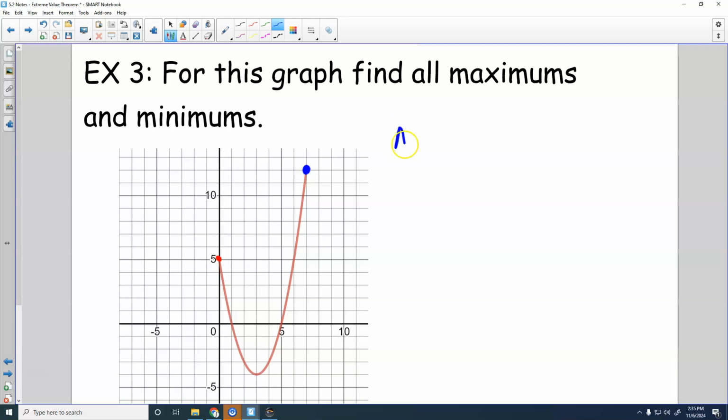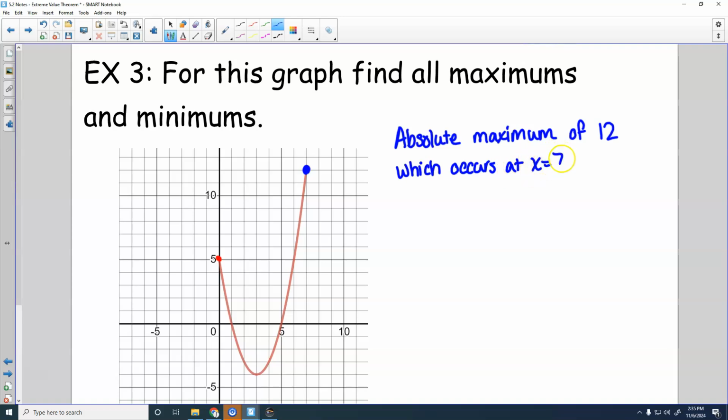So we have an absolute maximum of 12, which occurs at x equals 7. Okay, what else have we got?